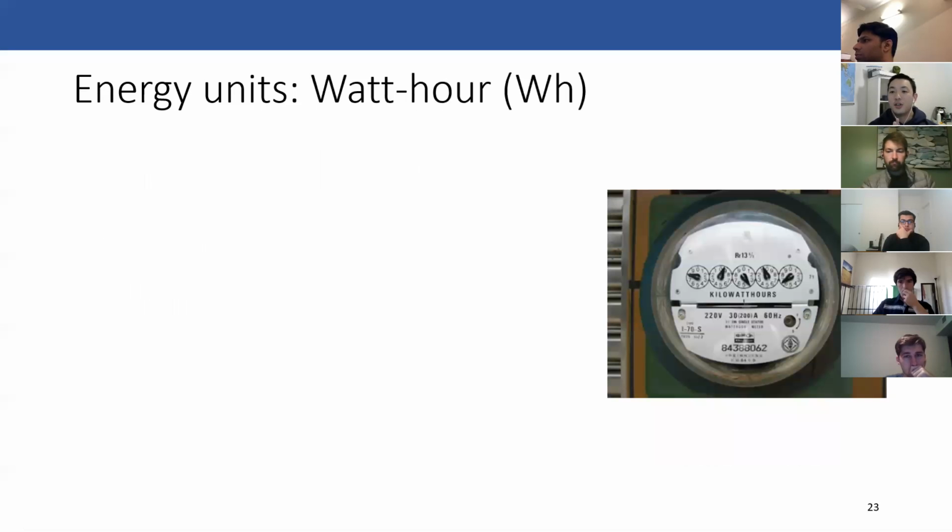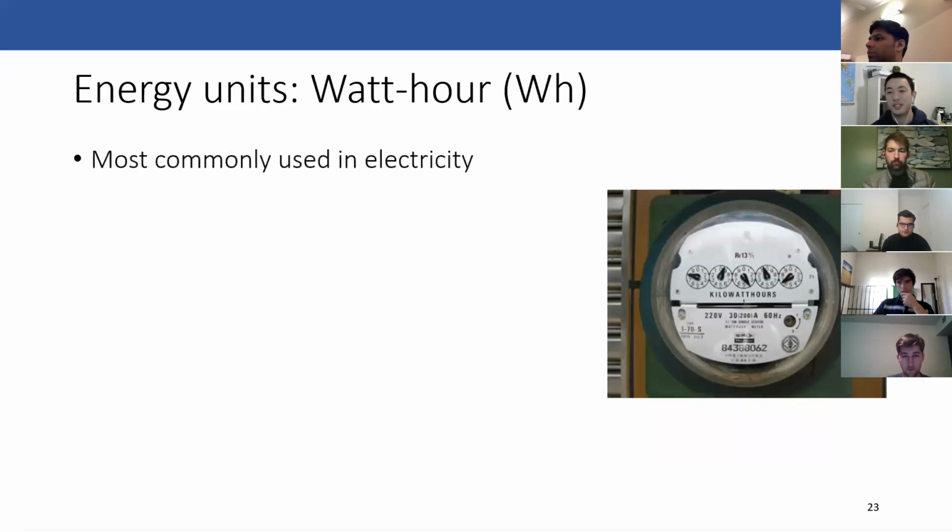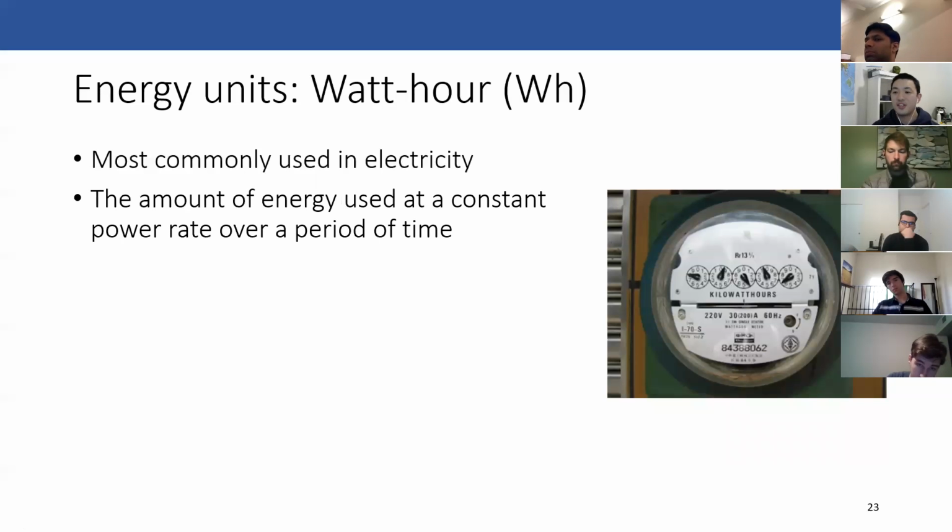Okay, and so you've got something called a watt hour. So this is most commonly, and come to think of it, is probably almost exclusively used in electricity. And so this is the amount of energy used at a constant power rate over a period of time. So it is actually related to a joule.